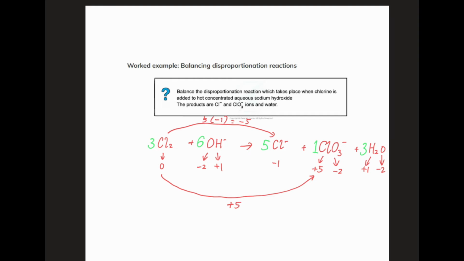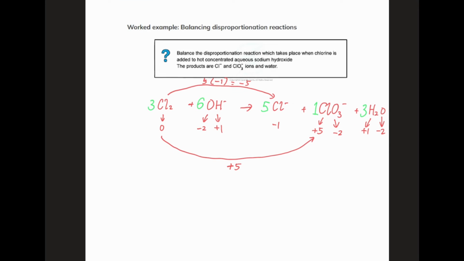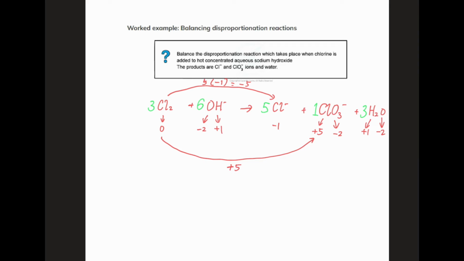Of course now we have to check the charge to double confirm. Cl2 is 0, and the hydroxide OH minus, we have 6 of them, so 6 times -1. So the total charge on the left is -6.